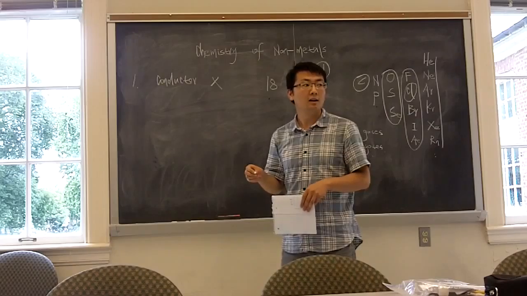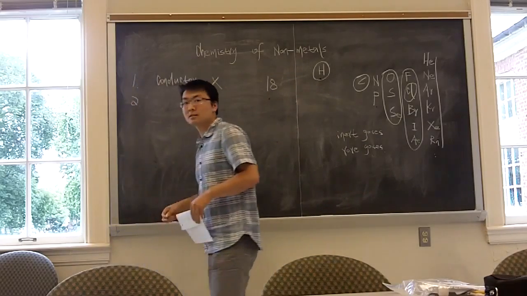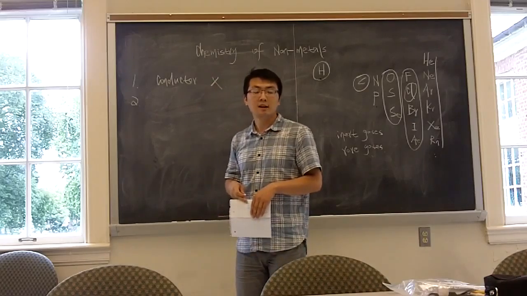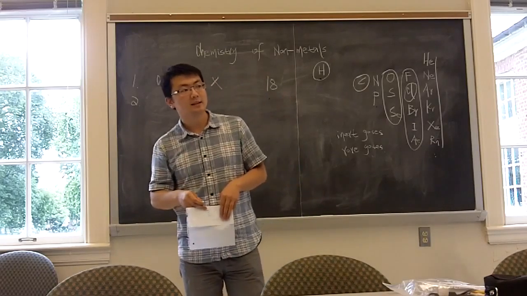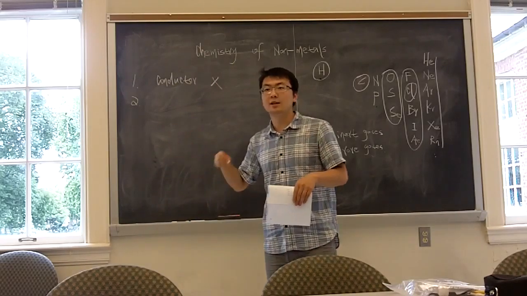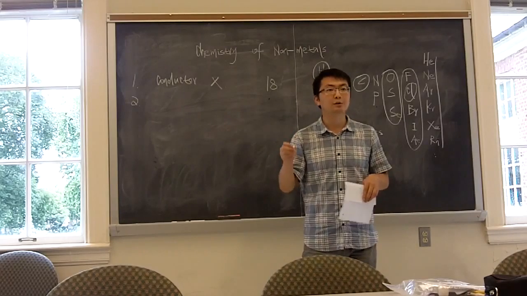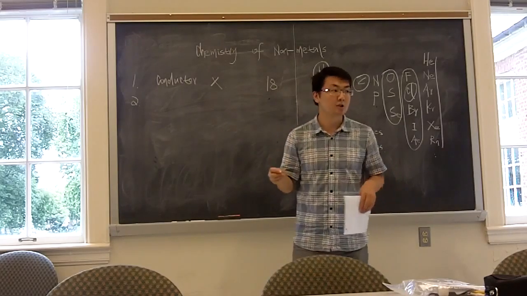But why? Because of its bonding. I guess, I don't know. It's covalent bonding, and it cannot transfer the electrons. Yeah. The conductivity has a great relationship with the capability to get or lose electrons.